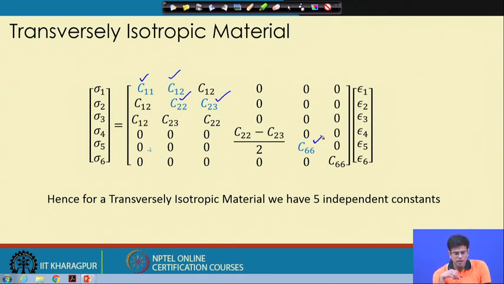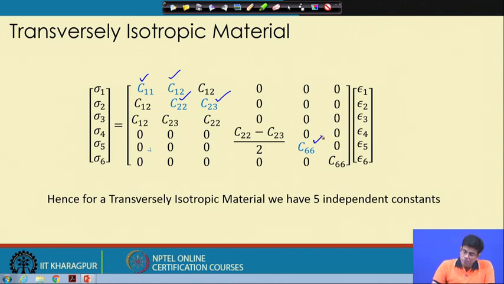So essentially a transverse isotropic material has 5 independent constants. This is how we represent any transverse isotropic, obviously linear elastic, material which follows Hooke's law.